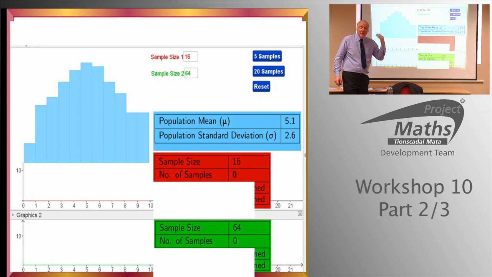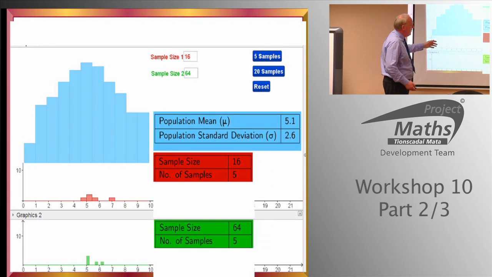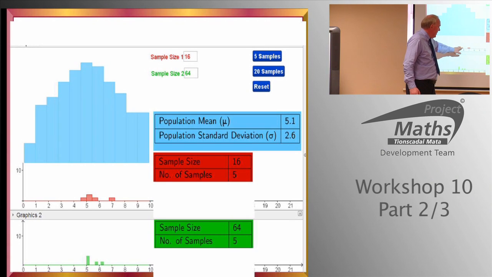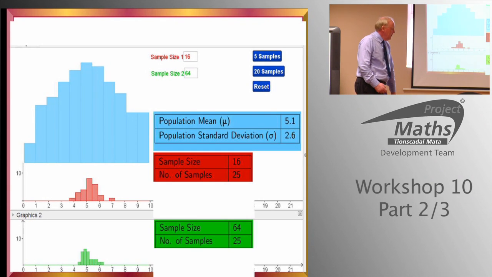What I'm doing here is I've taken 5 samples of size 16 and plotted them, got their mean and plotted it, and I've taken 5 samples of size 64 and got the mean and plotted it. Now, let's build it up to 100 first. 100 samples.